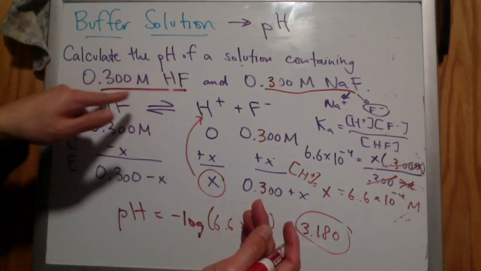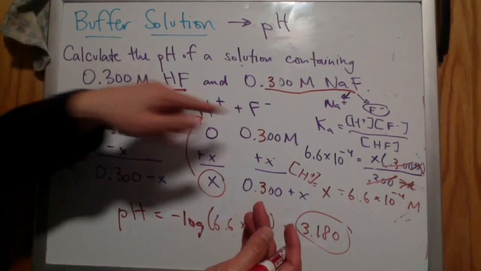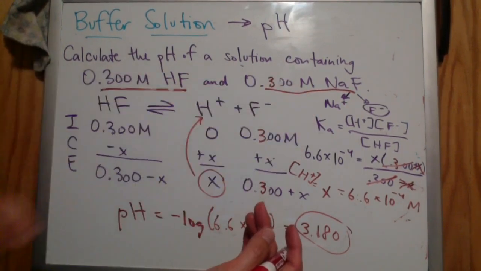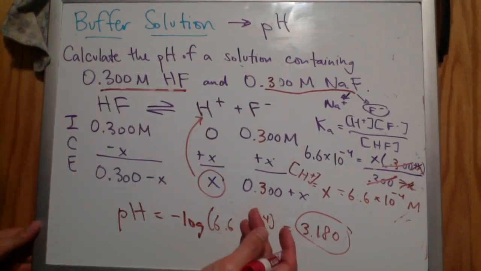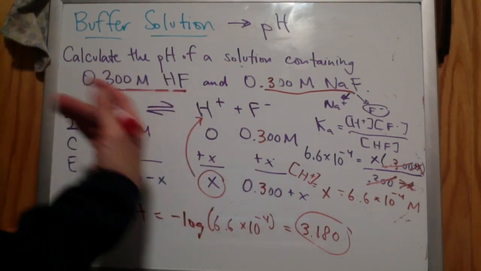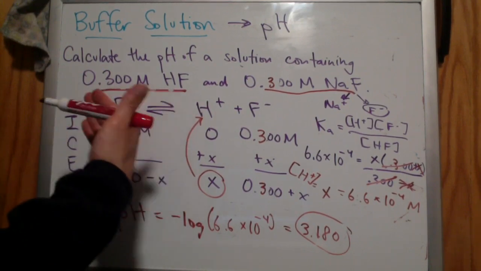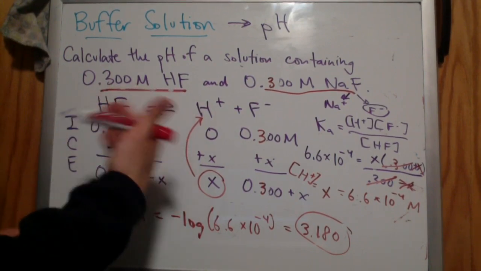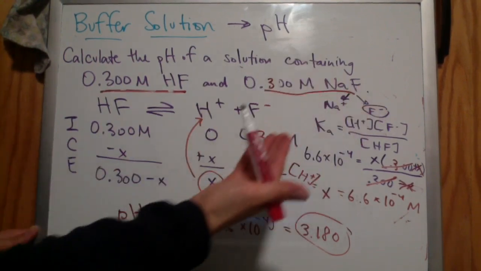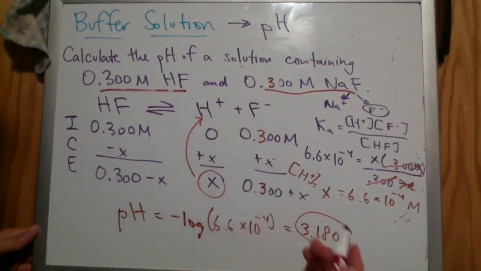Then what's going to happen is this concentration will get neutralized, and then we'll make some conjugate base. And then vice versa, what if we added H plus ions to this, like acid, like HCl or HBr? Which part of the buffer solution would neutralize it?